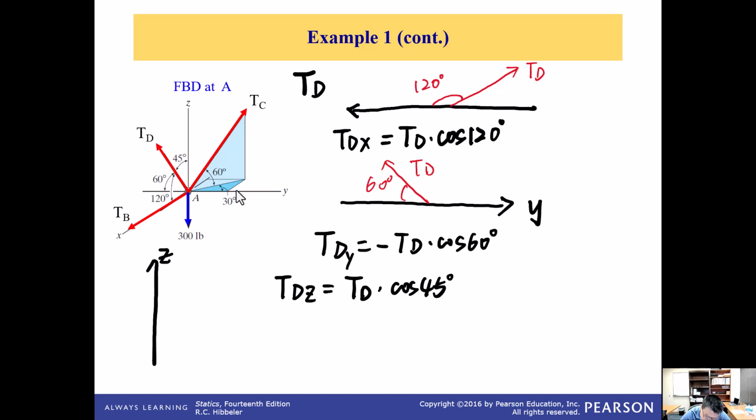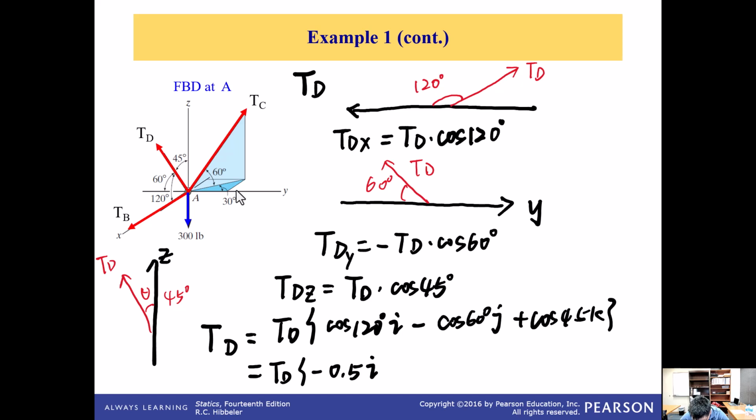It becomes TD times negative 0.5i minus 0.5j plus 0.707k. Okay.